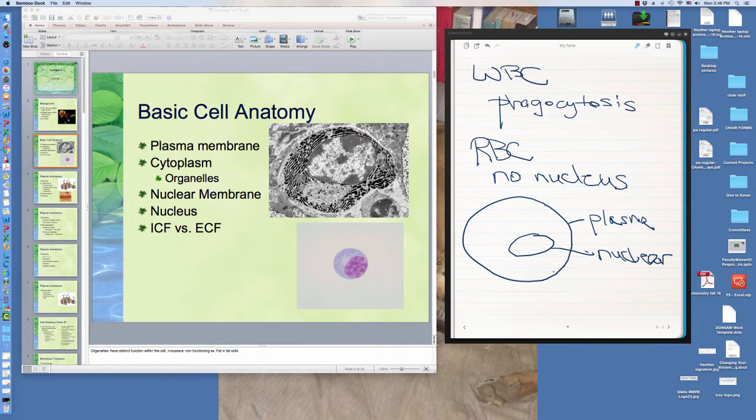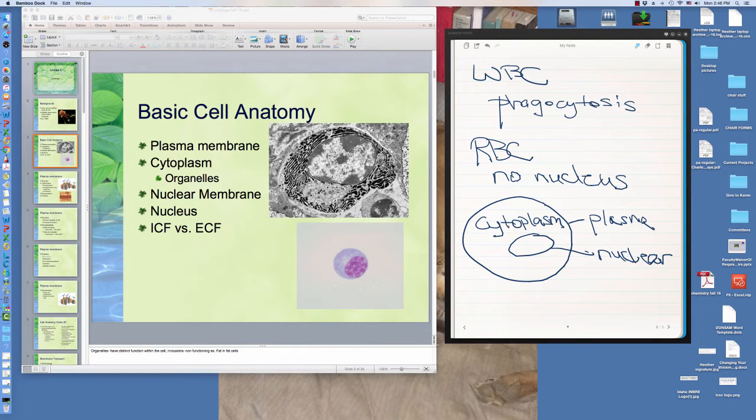The space in between the plasma membrane and the nuclear membrane is filled with a thick gelatinous fluid referred to as cytoplasm. And within that cytoplasm is where you find the organelles, which we'll talk more about later.